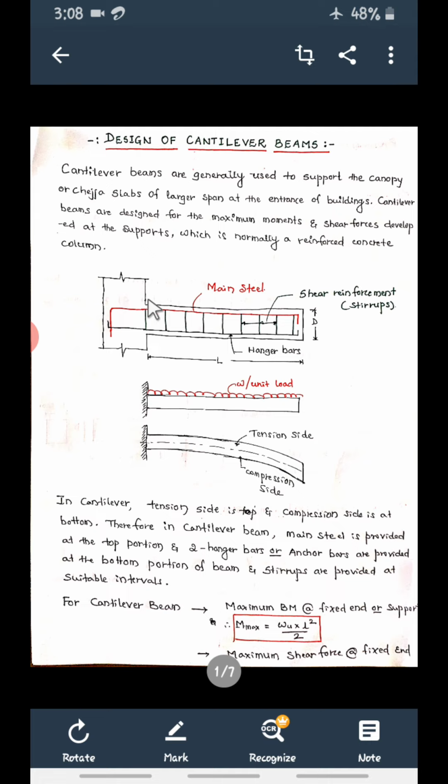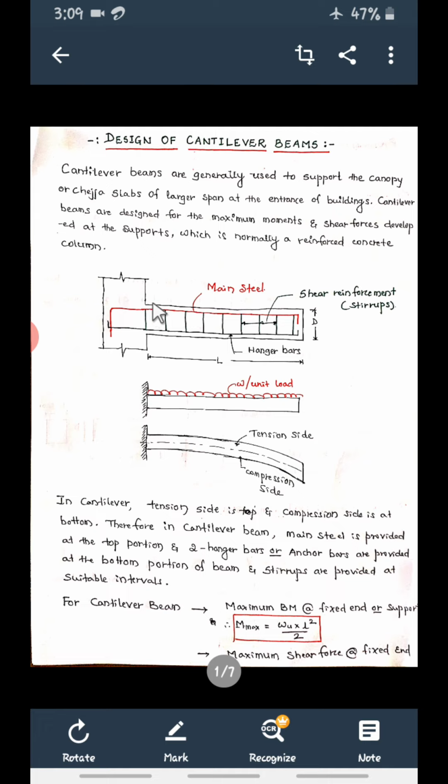Remember, the maximum bending moment as well as the maximum shear force both will be at the support. At the free end, the bending moment will be 0 and the shear force will be 0. But at the fixed end, the bending moment as well as the shear force will be maximum. So that is the one major change if you compare with the simply supported beam.